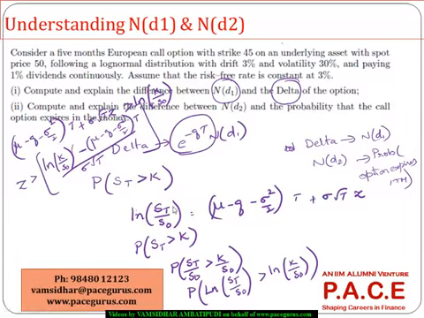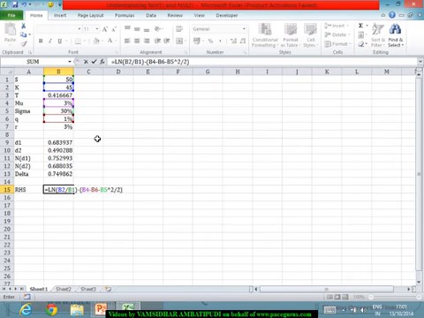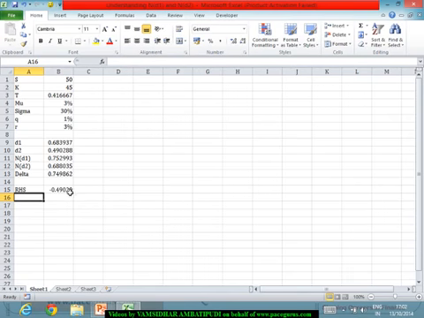So in this case, log K by S0 minus (mu minus q minus sigma squared by 2) times T, divided by sigma root T. So the RHS is minus 0.49.